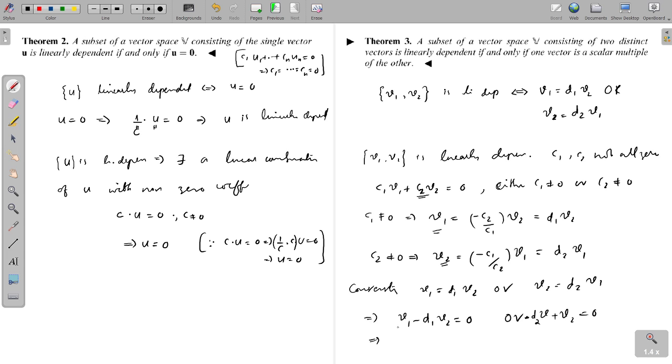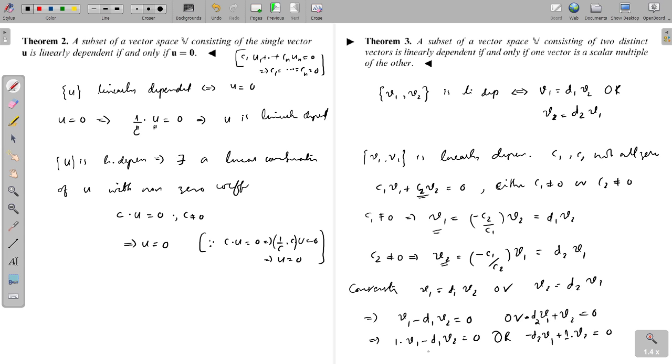Then you can get 1 times v1 minus d1 times v2 equal to 0, or minus d2 times v1 plus 1 times v2 equal to 0.